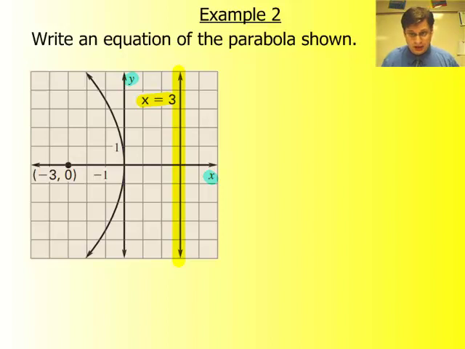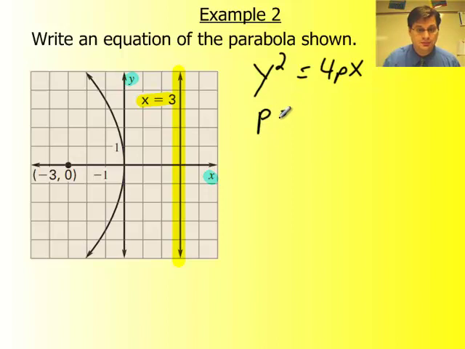First I want to know which equation I am using. Since this is opening to the left, it's going to be a horizontal parabola, so we'll use that equation: y squared equals 4p times x. We want to identify what my value of p is here.